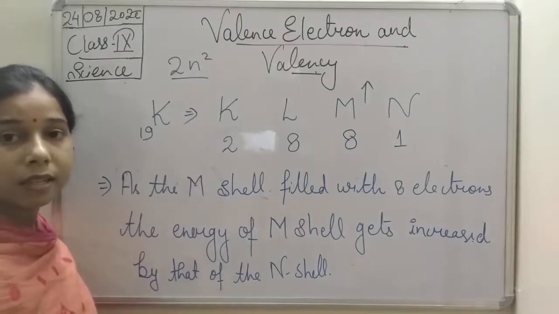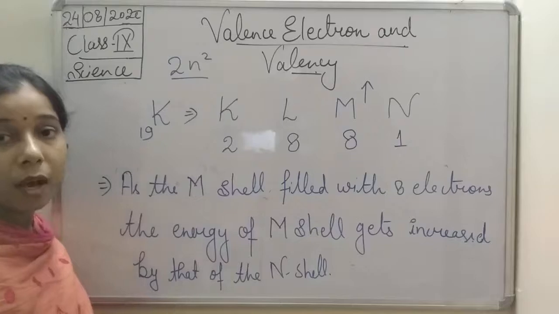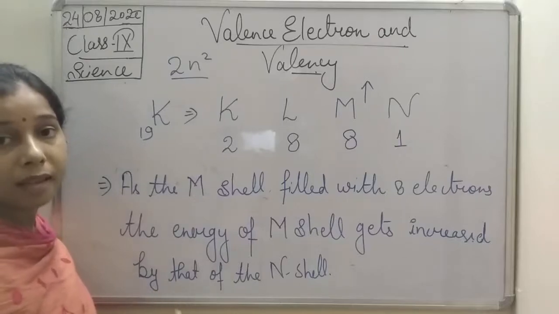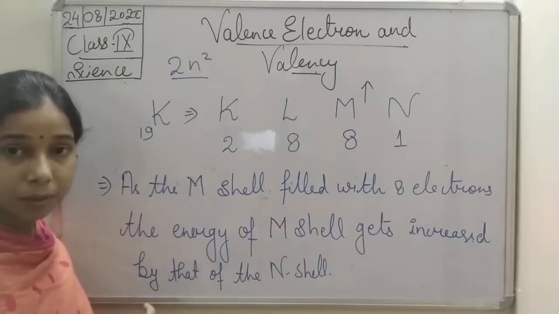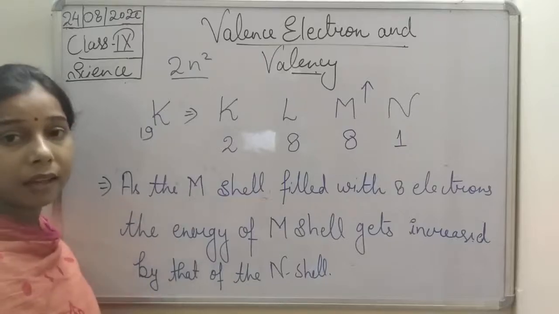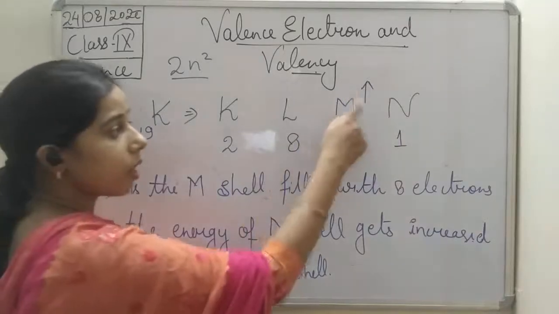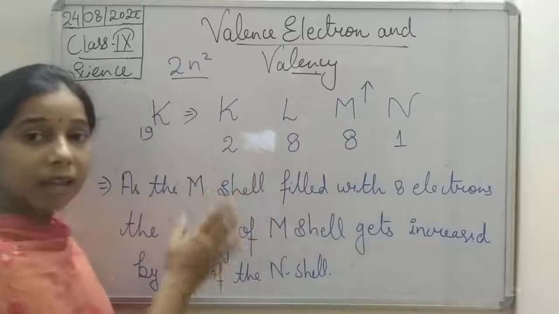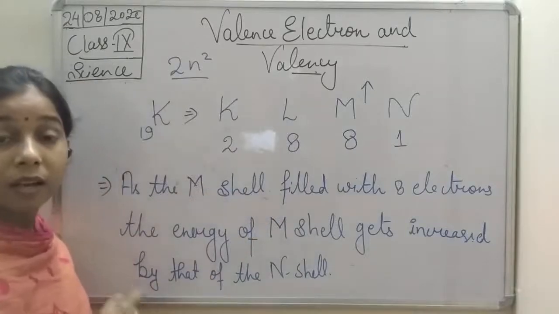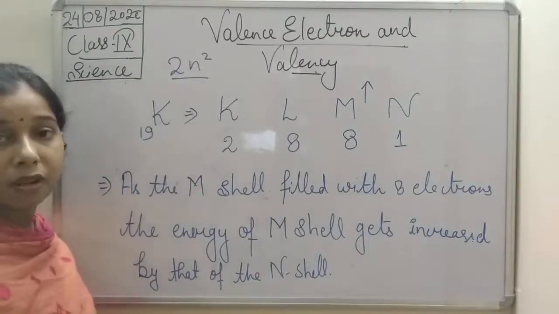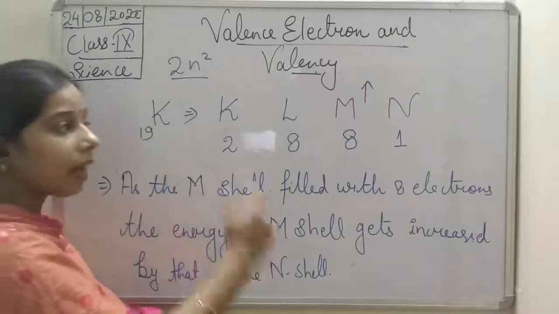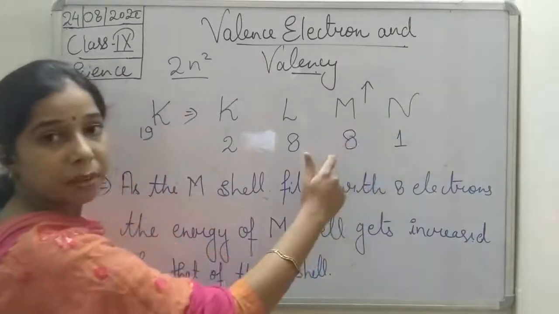But the third rule said that the outermost shell must not have more than a maximum of 8 electrons in its orbit. And the reason behind that is, as the M shell is filled with the 8 electrons, the energy of the M shell increases than that of the N shell.